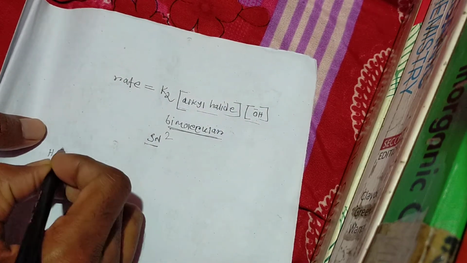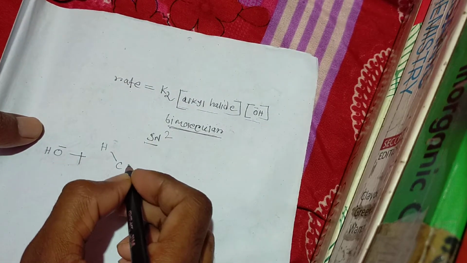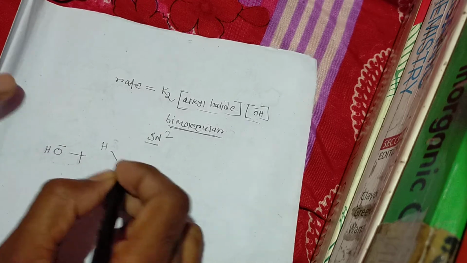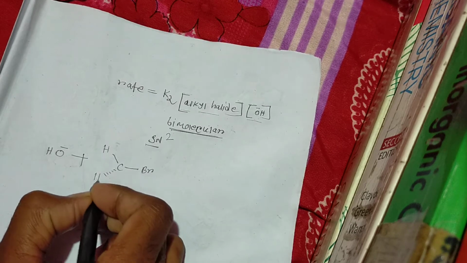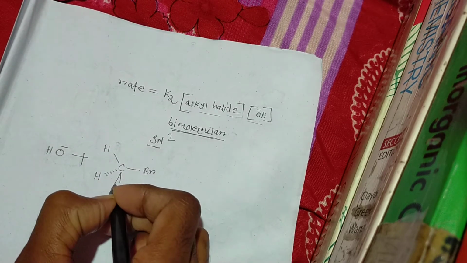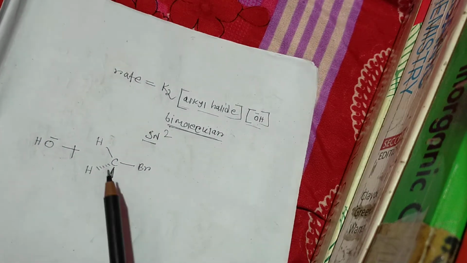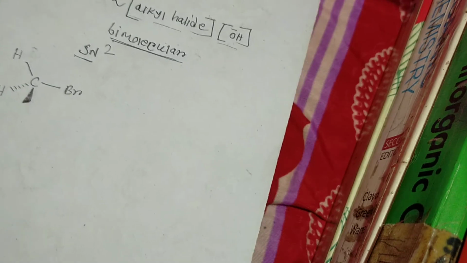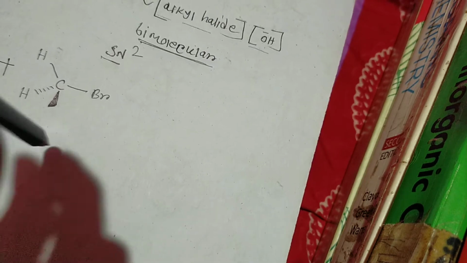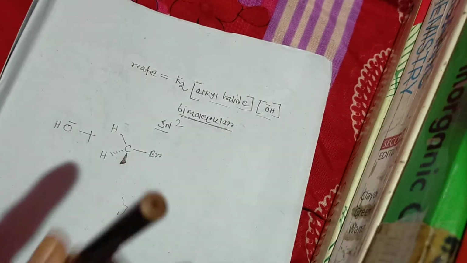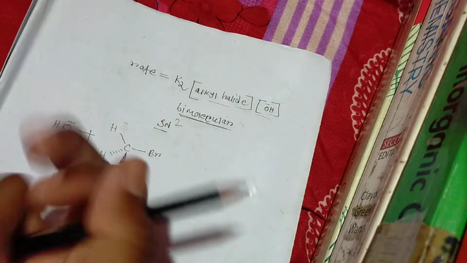Here OH minus is shown via dashed position and wedge. Dashed means below the paper, and the wedge means above the paper.